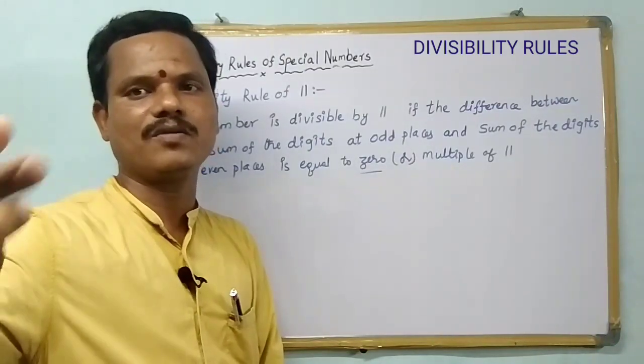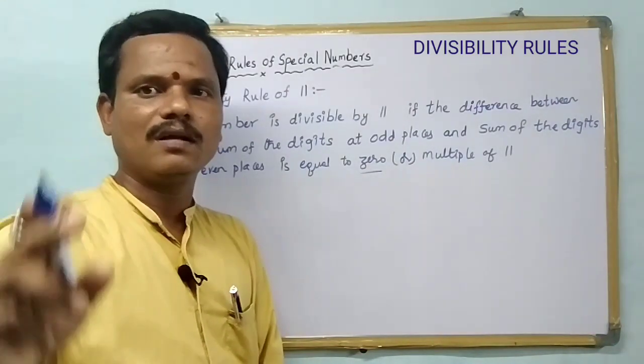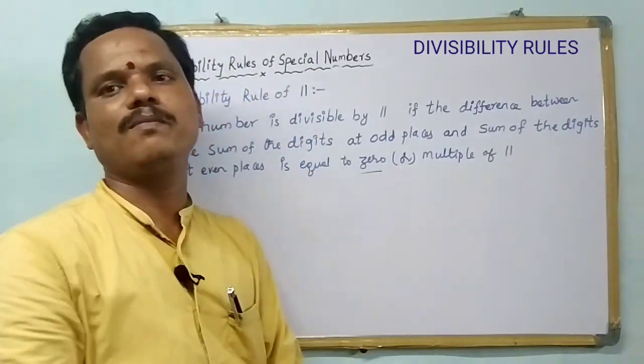Multiples of 11 means 11, 22, 33 like this. Then the number is divisible by 11.